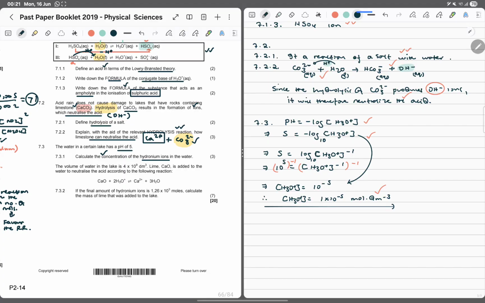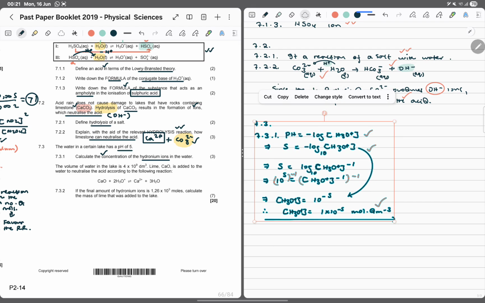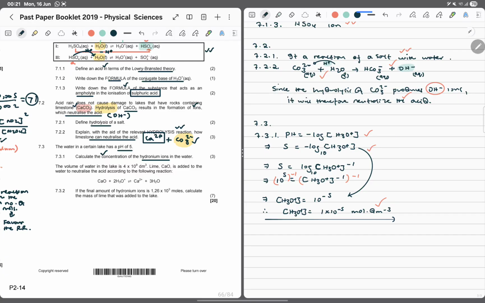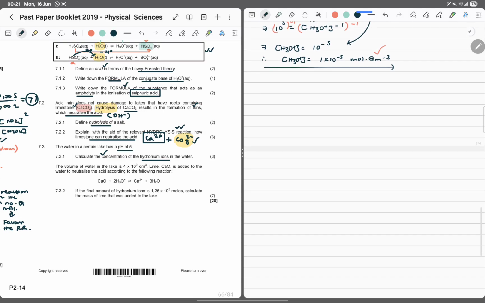Now let's go to the big one. So this was 7.3.1, 7.3. Please ensure, guys, the numbering is correct. The reason why I'm fussy about it is because I know most of you lose marks because of carelessness in this regard. You label answers incorrectly even when they are correct.